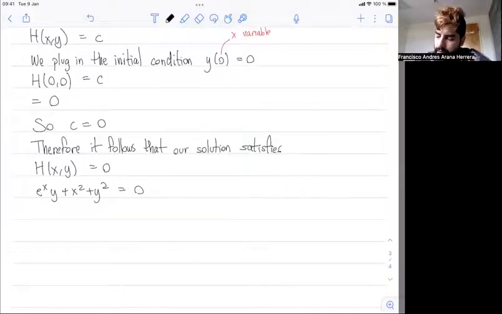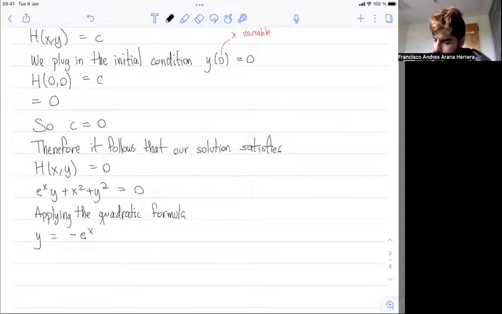So if you just apply the quadratic formula, you just get that y is equal to minus e to the x plus minus the square root of e to the 2x minus 4x over 2.